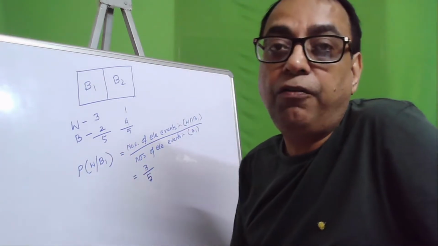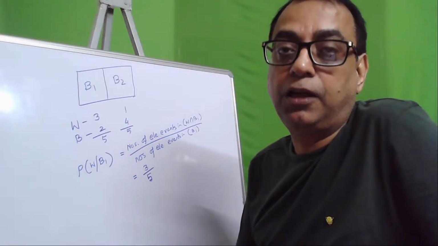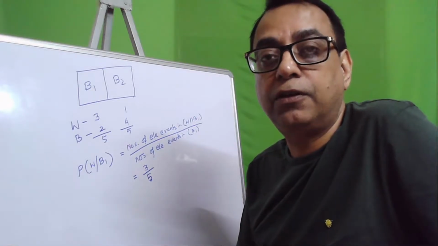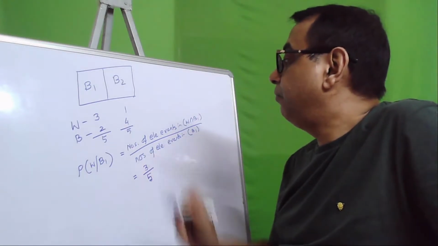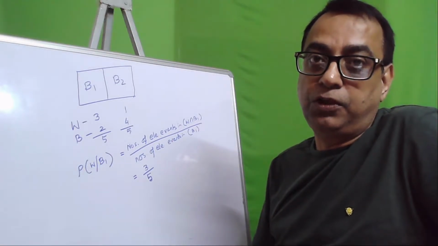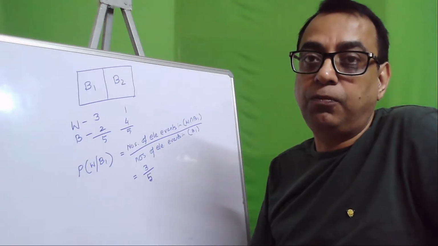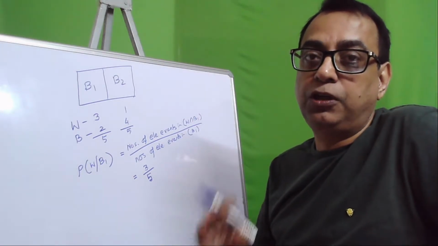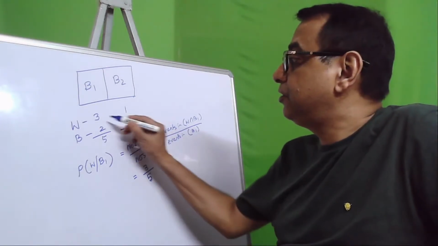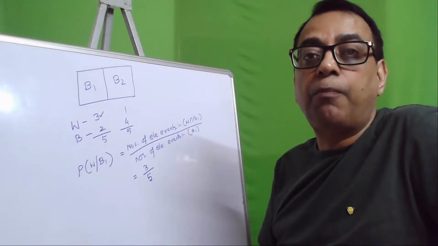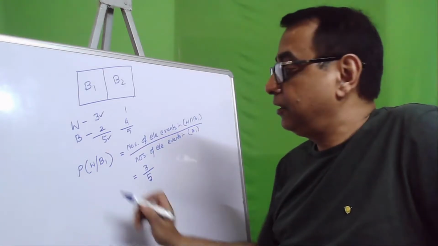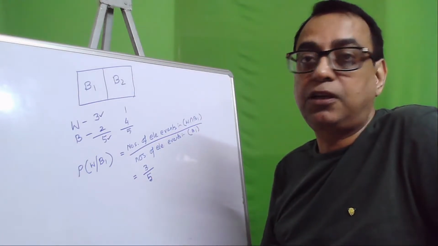Now the probability of a white ball given B1, that is, the probability of drawing a white ball given the first box is chosen, will be the number of elementary events in B1 intersection W. W represents the event that the white ball has been withdrawn. So it will be the number of elementary events in W intersection B1, which is 3, divided by the number of elementary events in B1, which is 5. So the probability of white given B1 is 3 by 5.